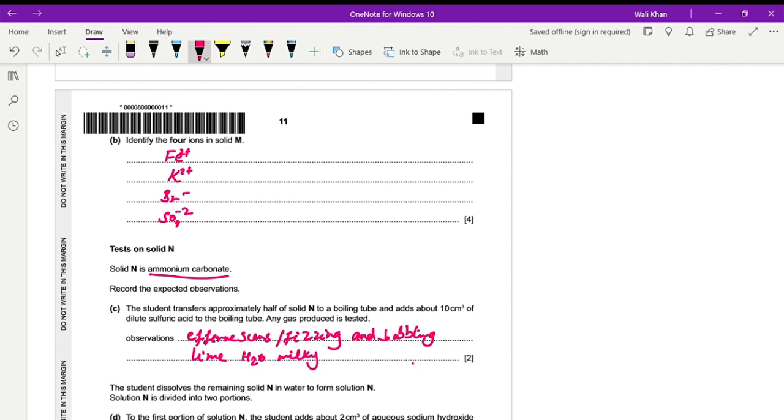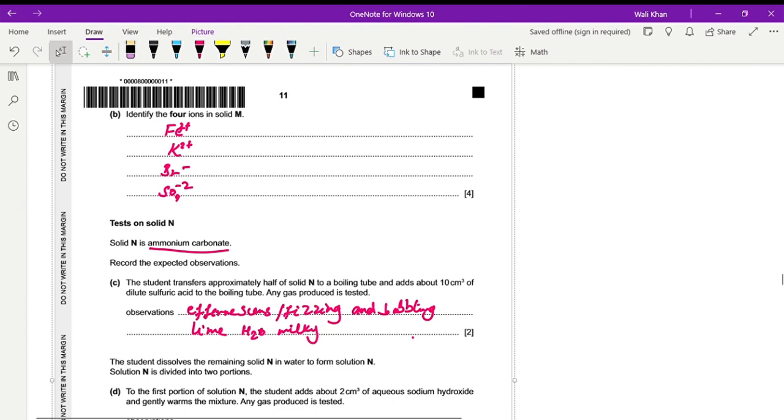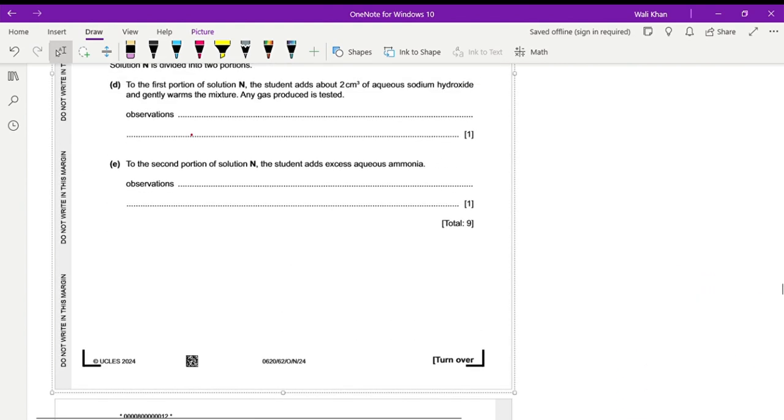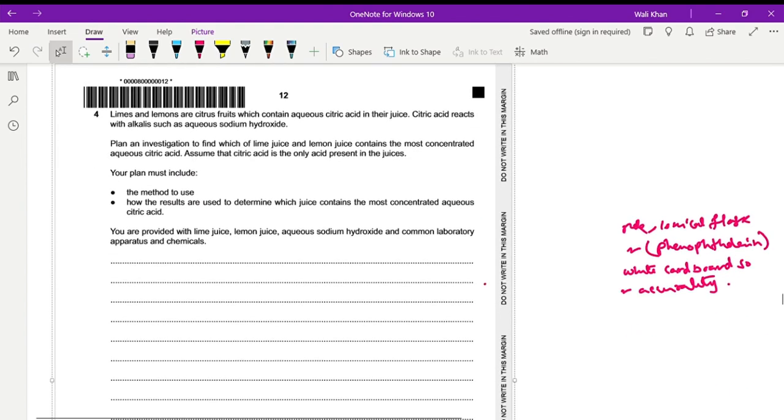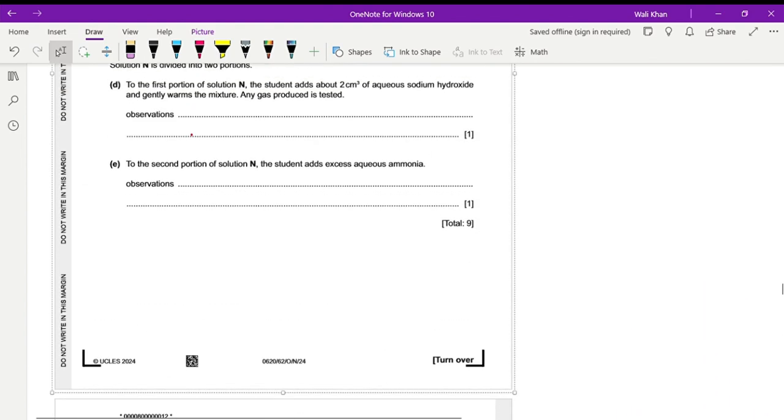Now the student dissolves the remaining solid N in water to form solution N. The solution N is divided into two portions. To the first portion of solution N, the student adds about 2 cm³ of aqueous sodium hydroxide and gently warms the mixture.